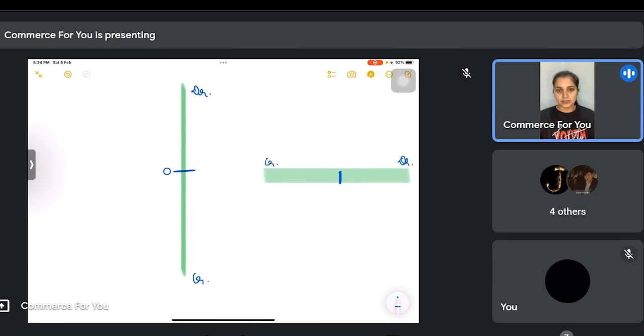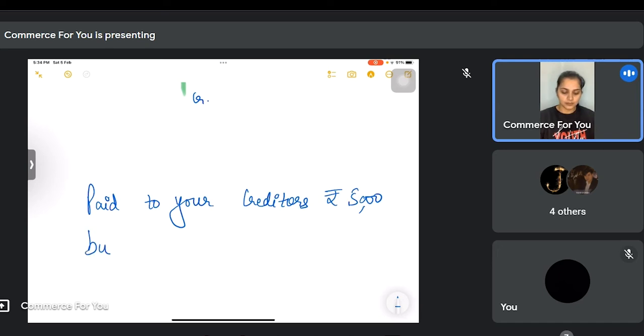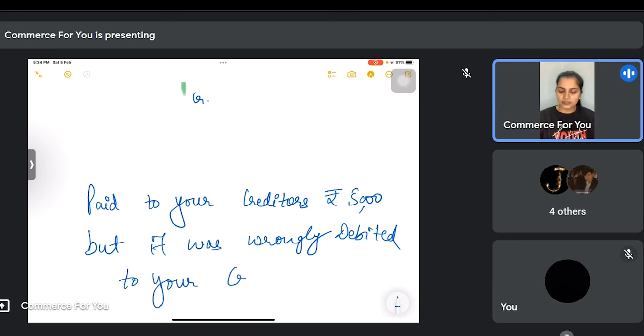अभी आपने अगर कुछ परचेज किया है, नहीं परचेज का हो गया, you have paid to your creditors rupees 5,000, but it was wrongly debited to your creditor account.